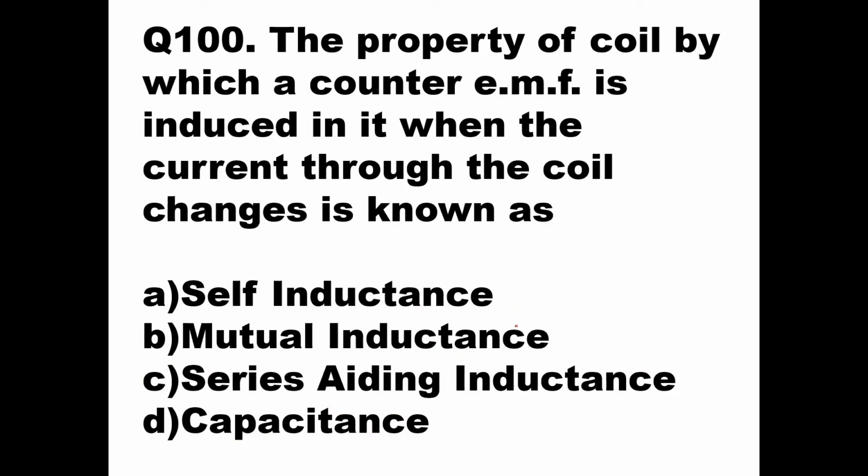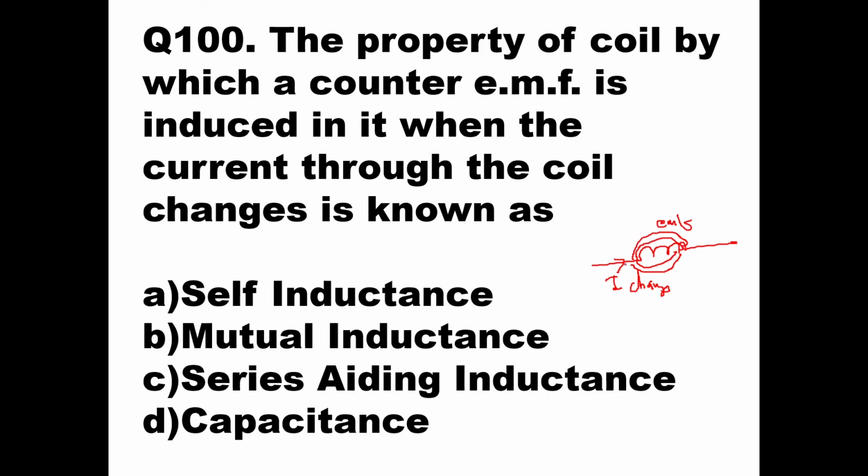Then we'll go to the next question, question number 100. The property of a coil by which a counter EMF is induced in it when the current through the coil changes. If you have a coil and a current is flowing, and this current changes, it will produce varying magnetic lines of force, which will be cut by the same coil, and an EMF will be induced in the same coil.